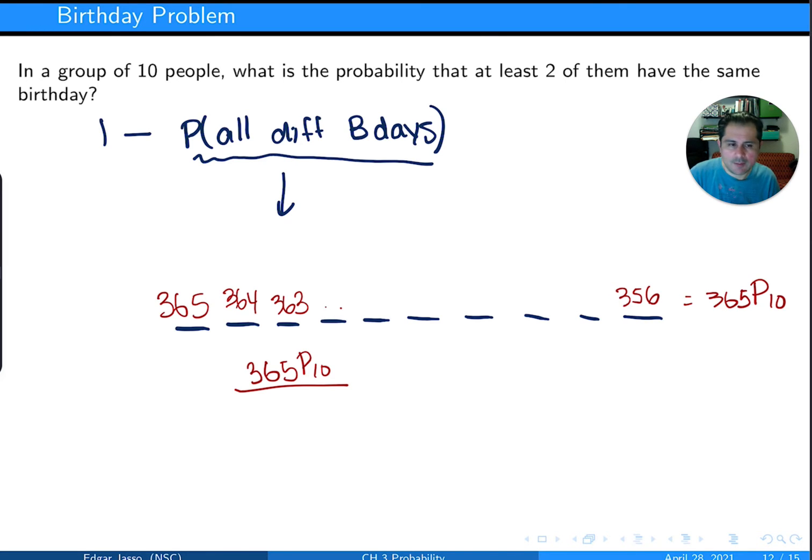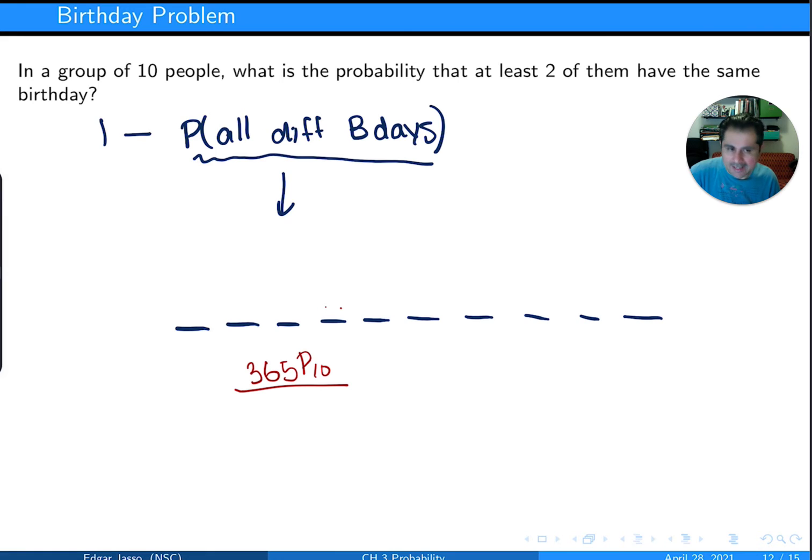So for my denominator, how many ways are there to fill these 10 spots with no restrictions, where it could be anything? So now the first symbol, the first day in this collection of 10, could have been any of the 365 days.